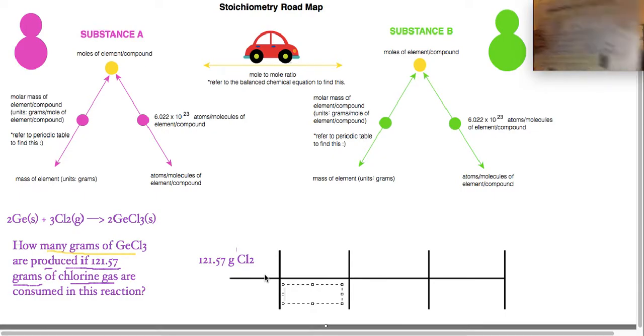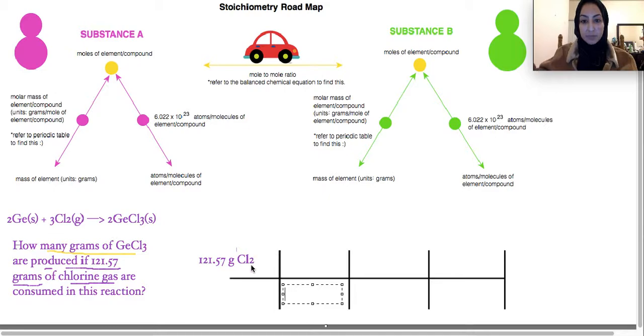But if I multiply that by 2, because of my subscript, I have 2 of those. That will give me 70.90 grams of chlorine. Because I'm working diagonally, the beautiful thing here is that my units will cancel out.